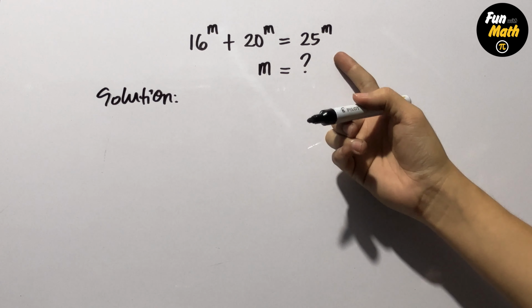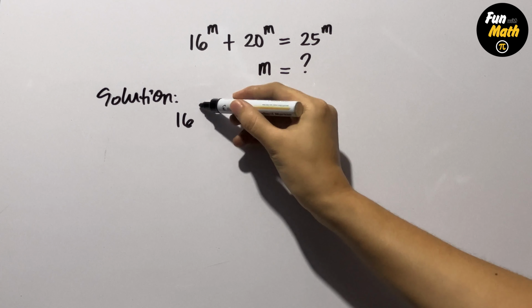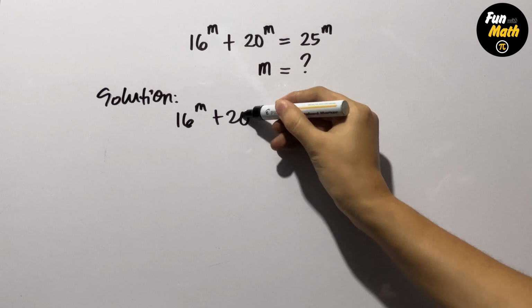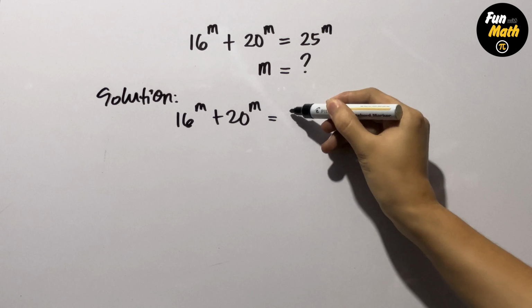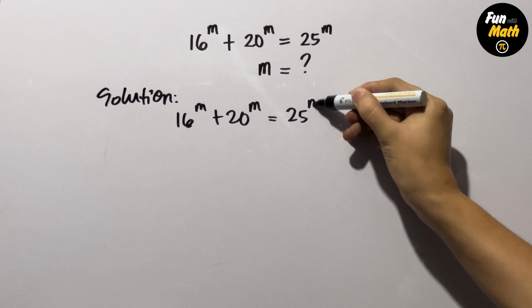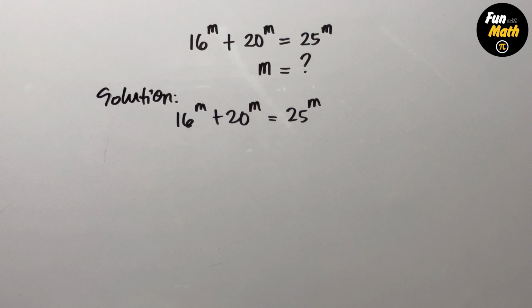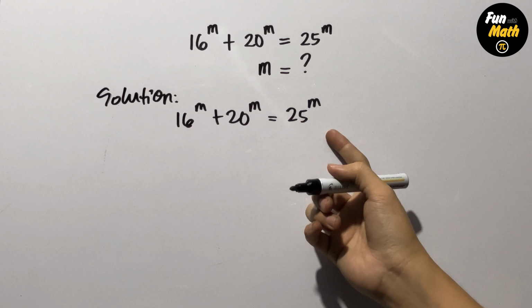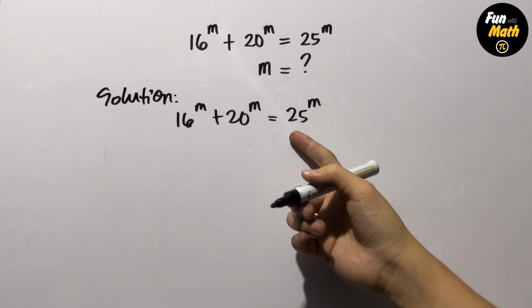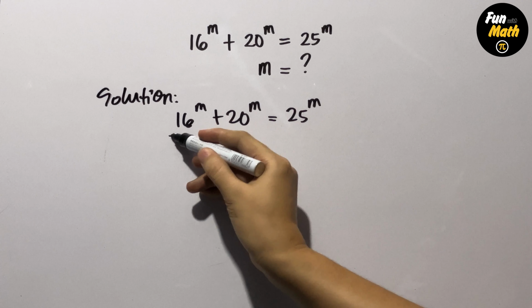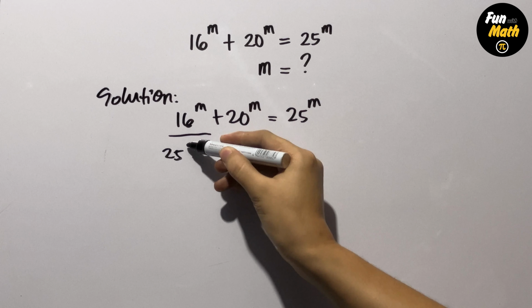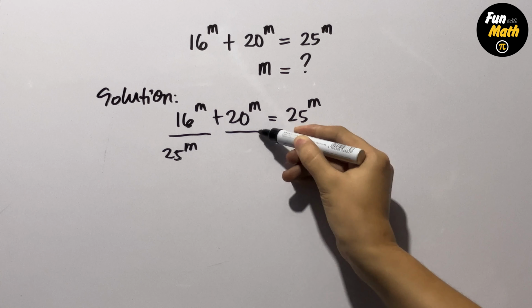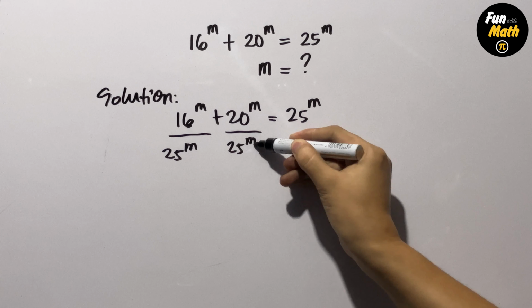First, let's bring down the given equation. 16 to the power of m plus 20 to the power of m equals 25 to the power of m. Now next is, let's divide both sides by 25 to the power of m.